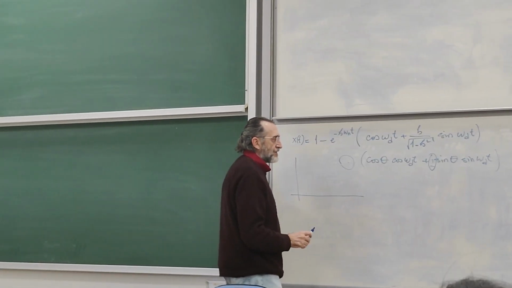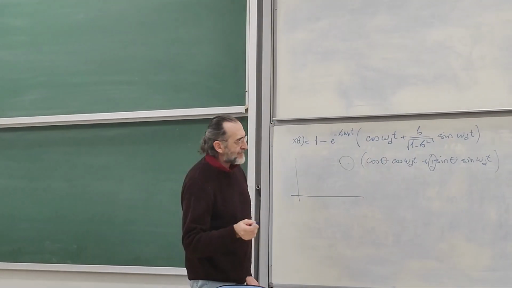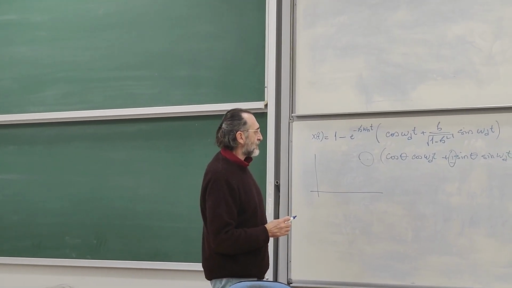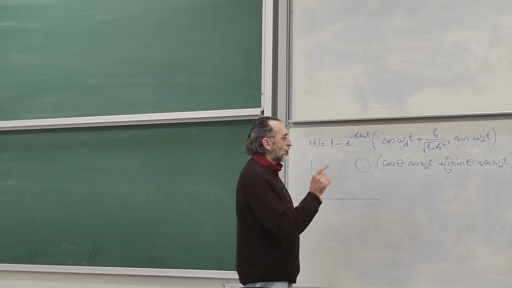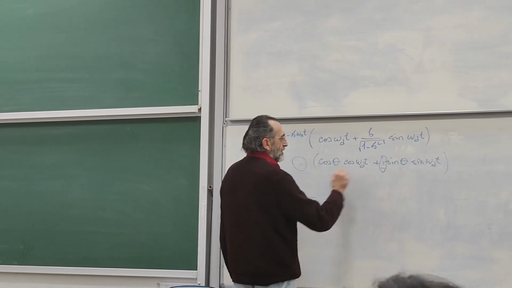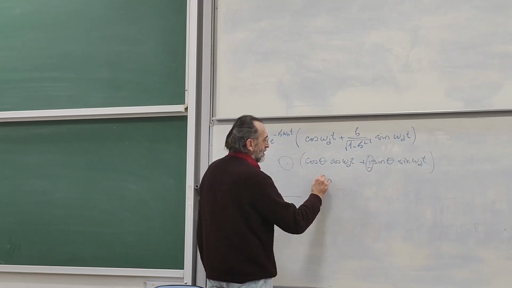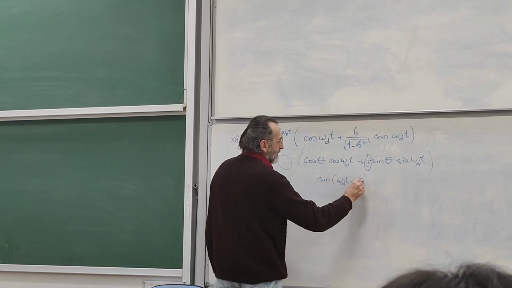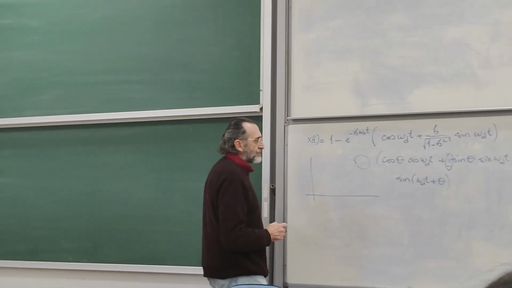I don't know what it is, but it can be done, and I'm going to do it after class. So cos cos plus sin sin is sine of omega_d t plus theta.